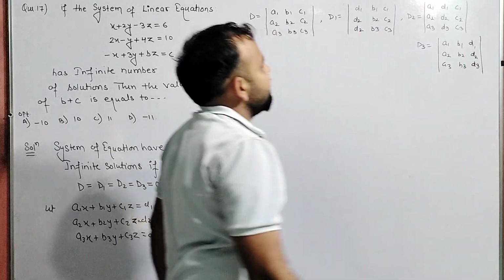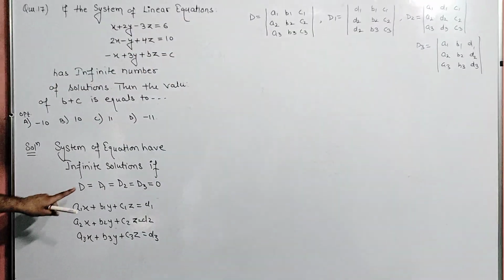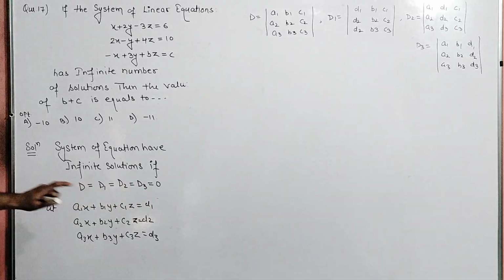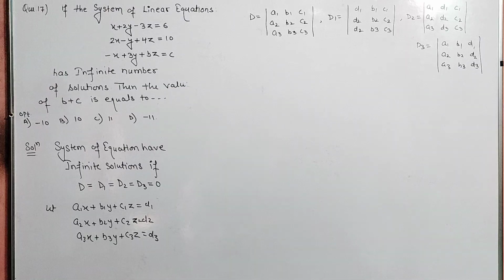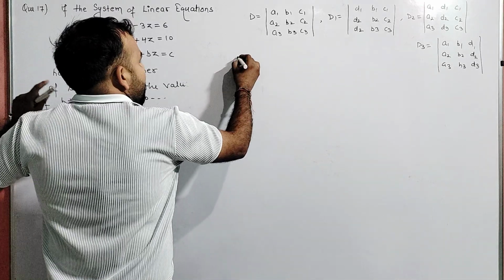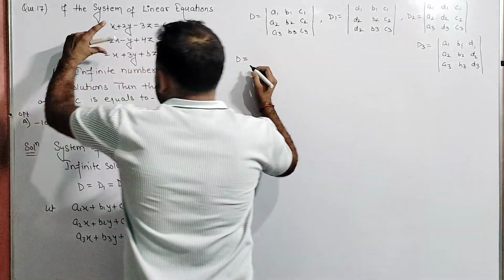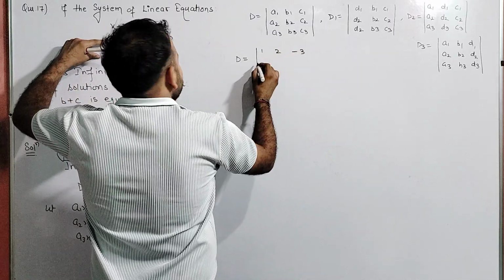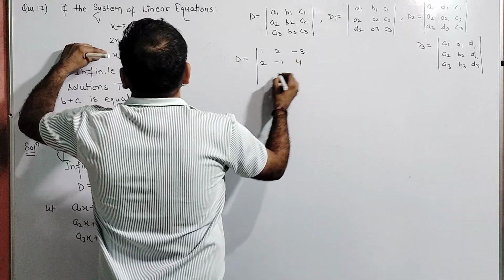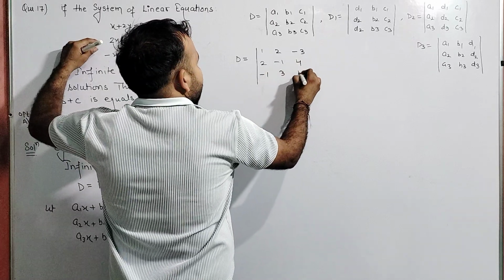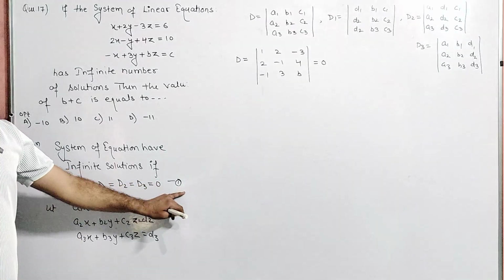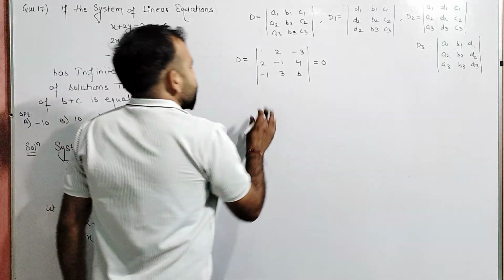So student, you can see that here D, D1, D2, D3, if all these are equal to 0, there are an infinite number of solutions. Then we can say that our determinant D in this system, 1, 2, minus 3, 2, minus 1, 4, minus 1, 3 and b, this determinant will be equal to 0 by the first equation.